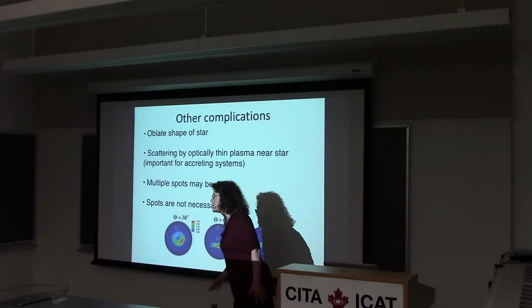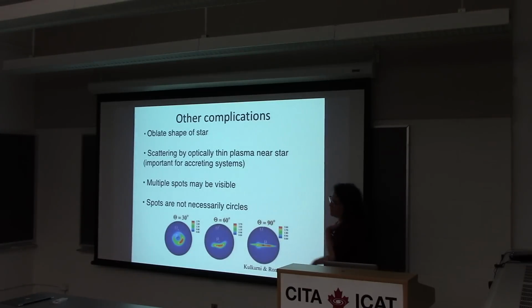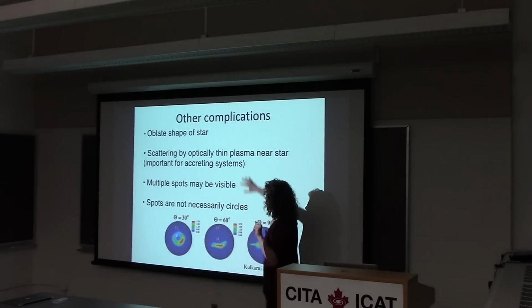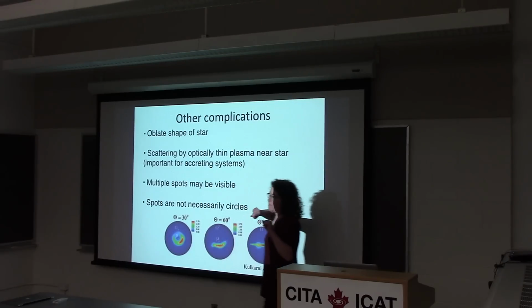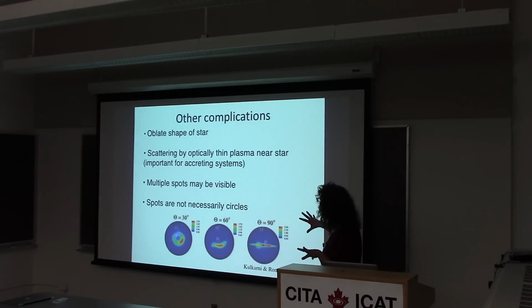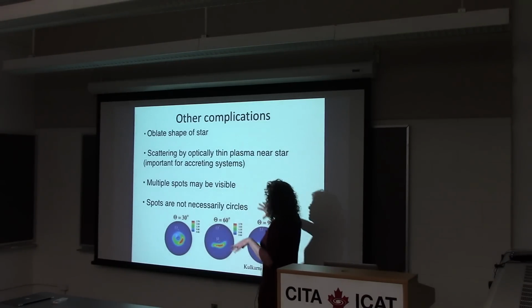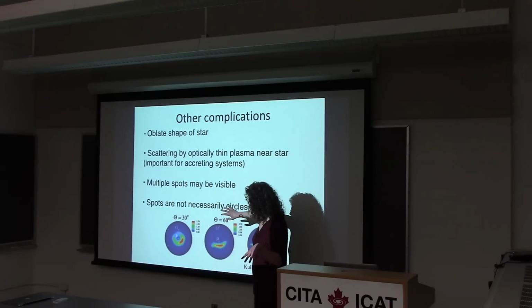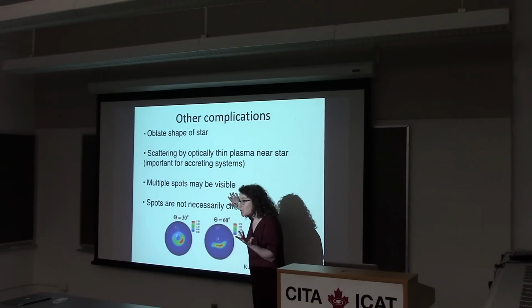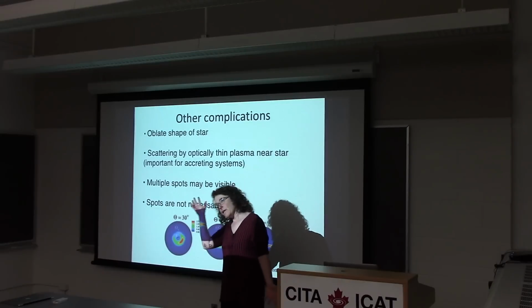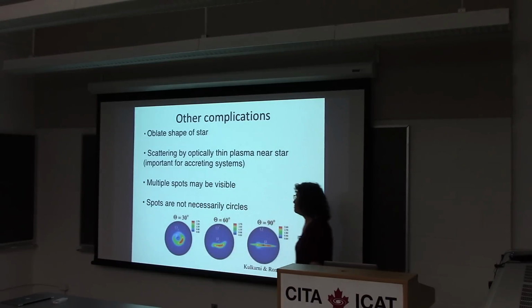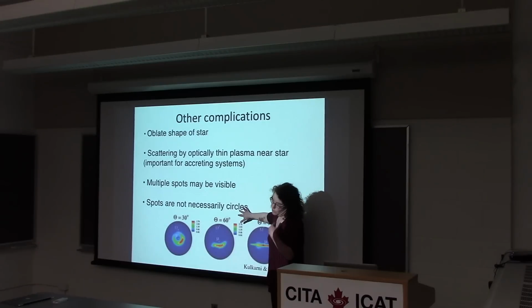There are some complications. I've always been very much worried about the oblate shape of the star, which sounds silly, but that's the kind of thing I worry about. You've got other things you'd worry about, like scattering. There can easily be multiple spots. You would expect two, because of, say, a magnetic dipole, but it's quite possible there's more. And these spots aren't necessarily circles.